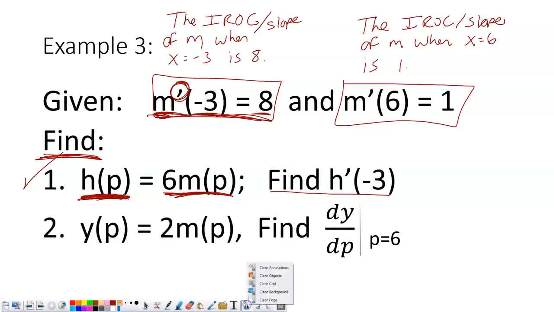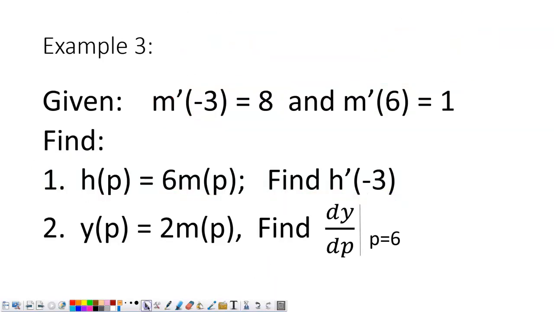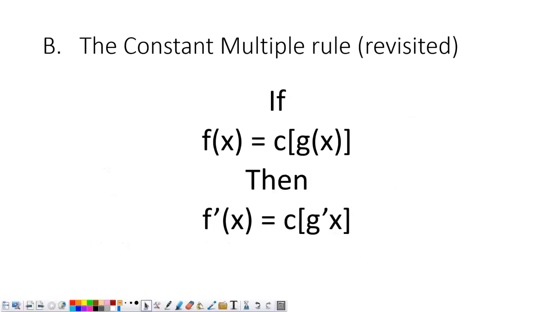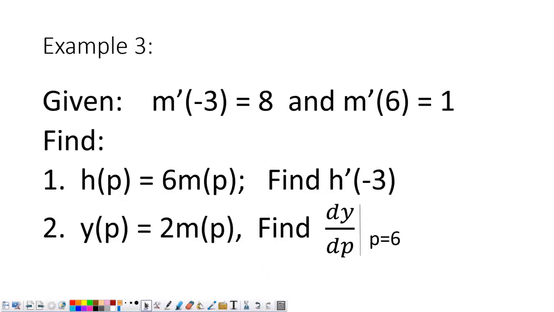All right, so let me back up really quick and let's refresh our minds. We just learned about the constant multiple rule. I told you guys that if f of x is equal to c times g of x, then f prime of x is equal to c times g prime of x, right? So we're going to apply the constant multiple rule here because I have a function defined as a function with a constant multiple in front of it.